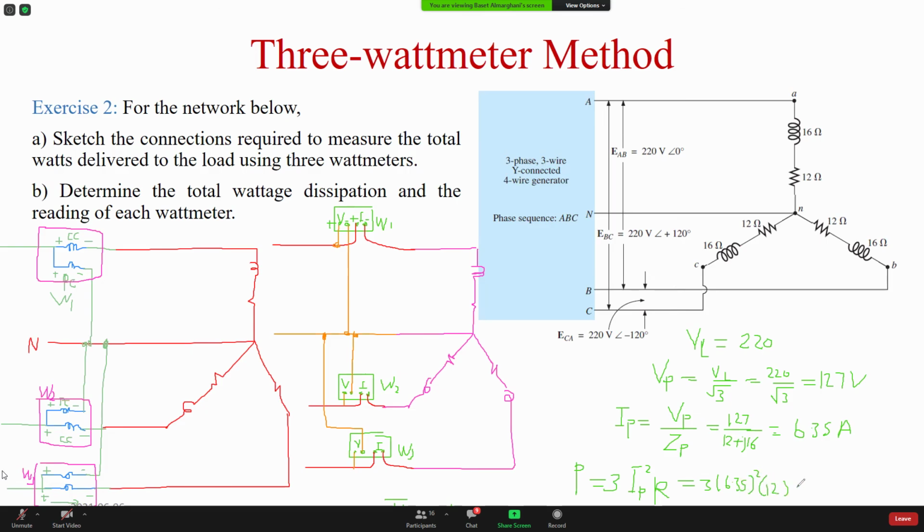Real power is only in the resistance. Then it gives you the answer here. You can plug it here. How to connect the watt meters is very important. Now there is another technique we're going to do next class, which is using only 2 watt meters to measure the power. Now this is the 3 watt meter. Hopefully this is okay. Please review this one more time.